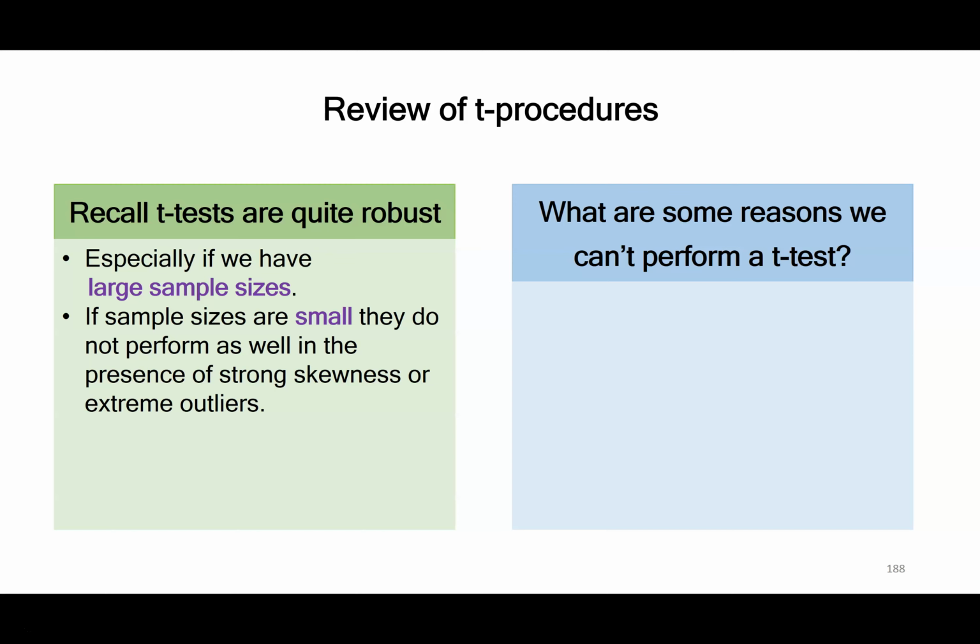If we don't have a big sample size and we do have very skewed data, that's going to be a problem. So two small samples is one scenario, and extreme skewness or extreme outliers, something that's going to really mess with the mean. In that case, it's not going to be good to use a t-test.